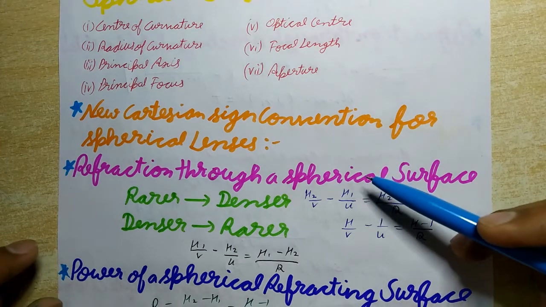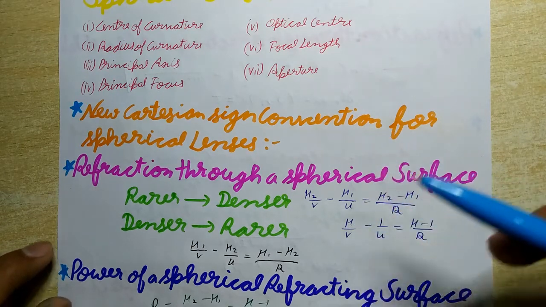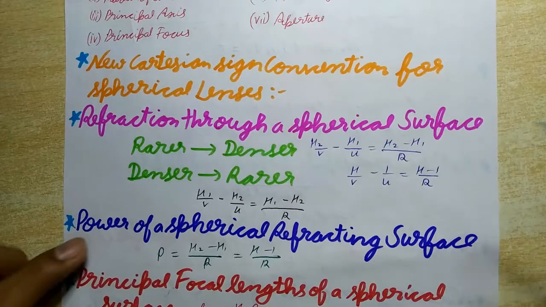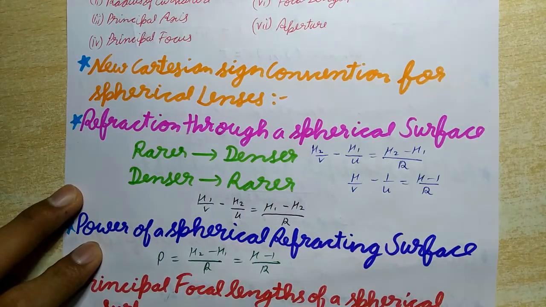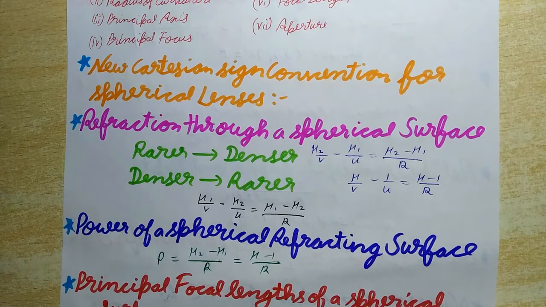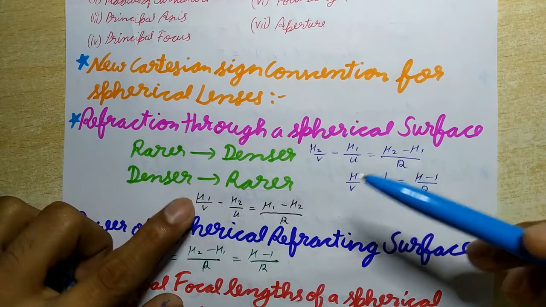In this sign convention, the focal length of a converging lens is positive and that of a diverging lens is negative. Now next is refraction through a spherical surface. A surface which forms part of a sphere of a transparent refracting material is called a spherical refracting surface. First, refraction from rarer to denser medium.